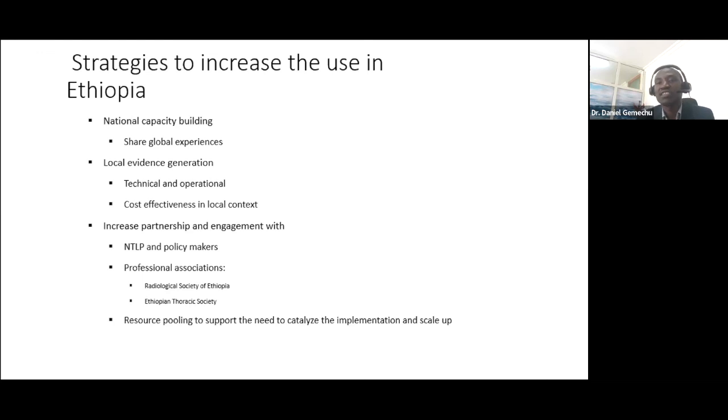So finally, we found this technology very, very usable. One, because the disease epidemiology requires that patients should not be missed. Two, it's very, very simple.